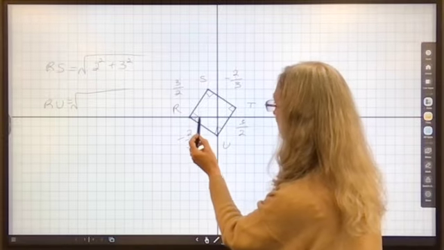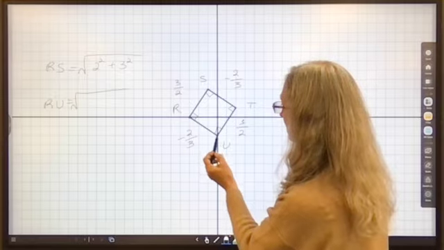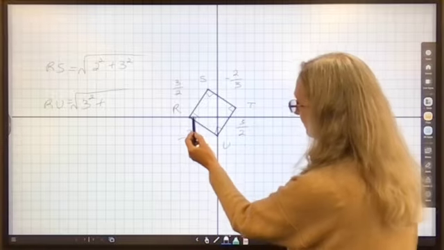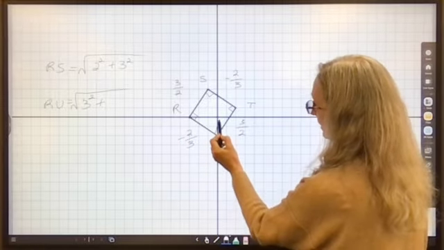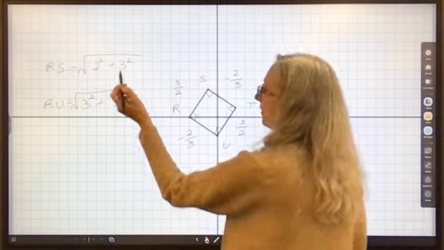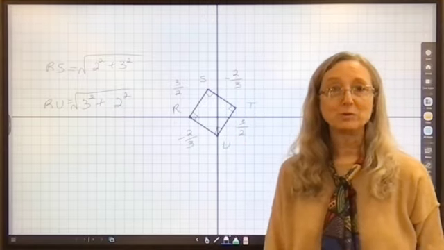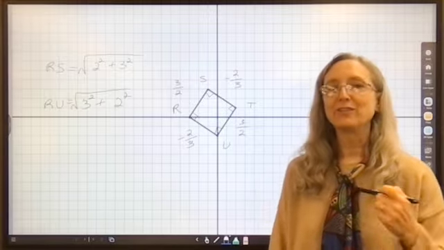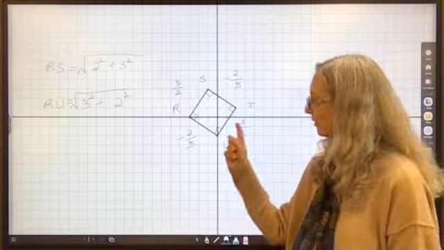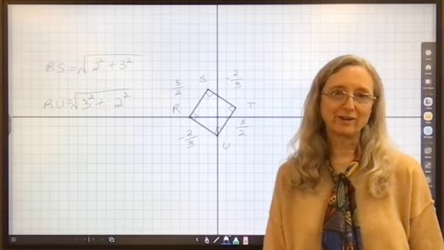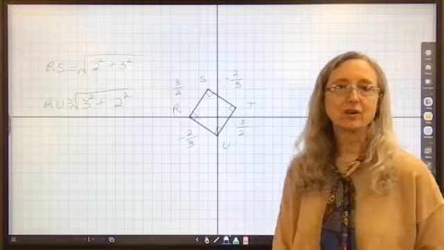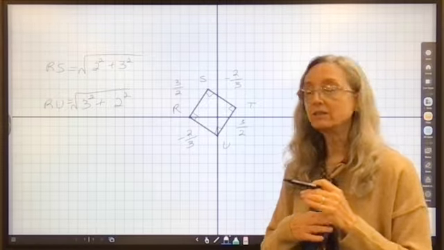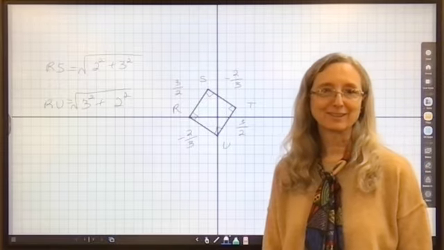The difference between my x's, between here and here, is 1, 2, 3, so that's 3 squared, plus the difference between my two y's is 2, so that's 2 squared. Are those the same? The square root of 3 squared plus 2 squared, they look the same. So the most precise classification for this quadrilateral is a square, because opposite sides are parallel, and consecutive sides are perpendicular and equal in length. This is a square.